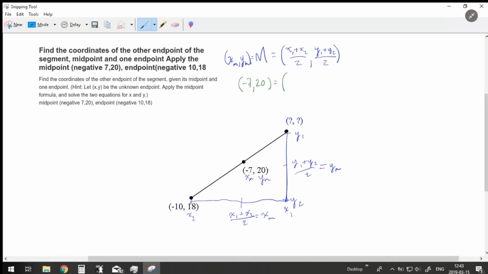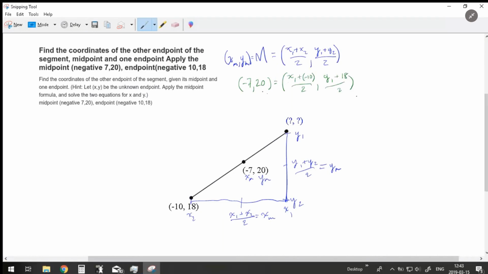I don't know, of course, what x sub 1 is. That's the part that's missing. But I do know what x sub 2 is. x2 is -10. And I'm just going to divide by 2 to get that. Same for the y's. I don't know what y1 is, but I do know that y2 is 18. Divide by 2, and I would get my midpoint y coordinate.